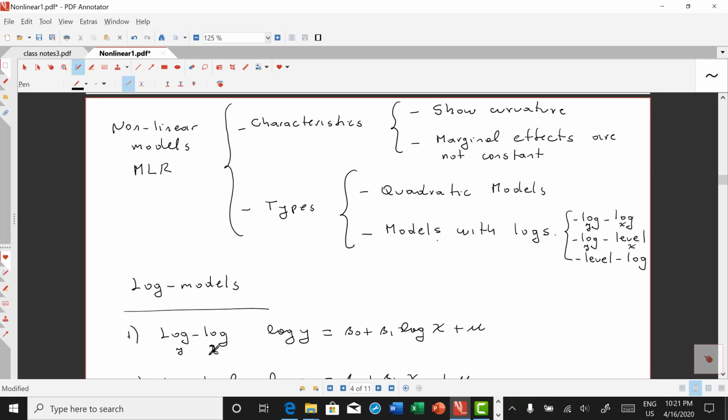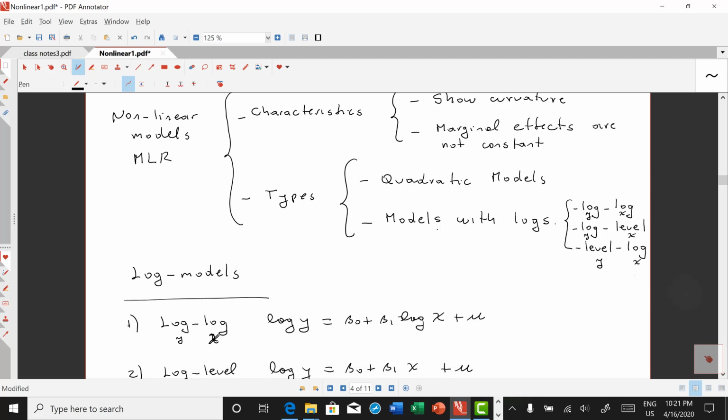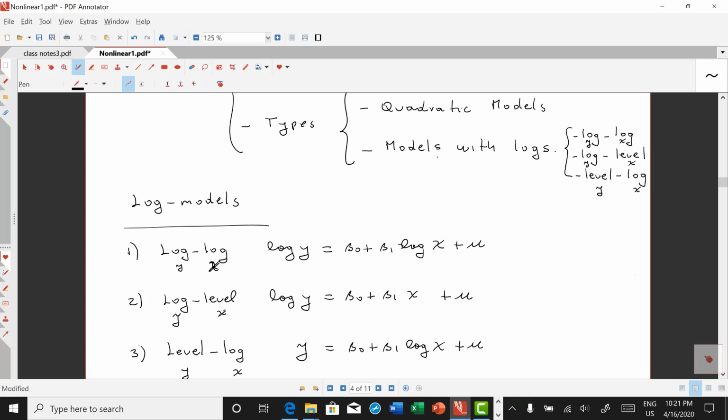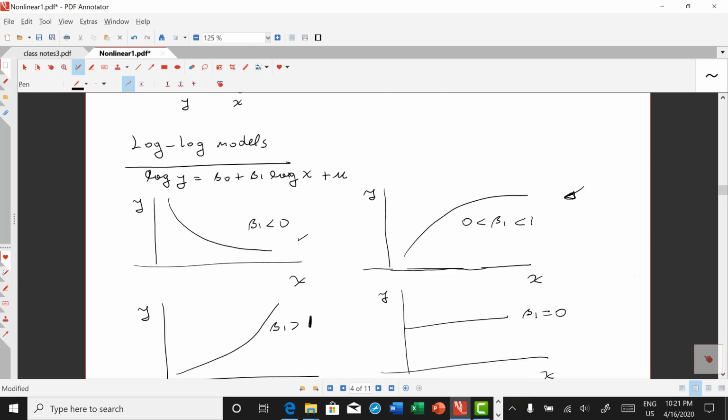In the case of the level-log model, we have just the dependent variable without any transformation, and we have the log of the explanatory variable. So that's today's topic: log-level and level-log models.